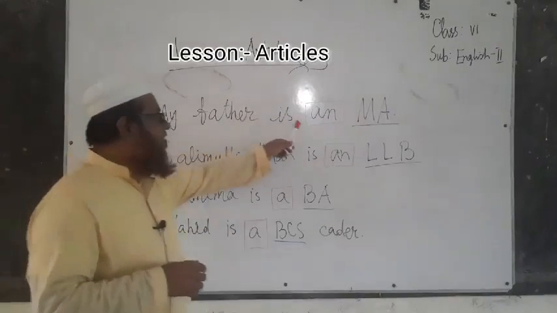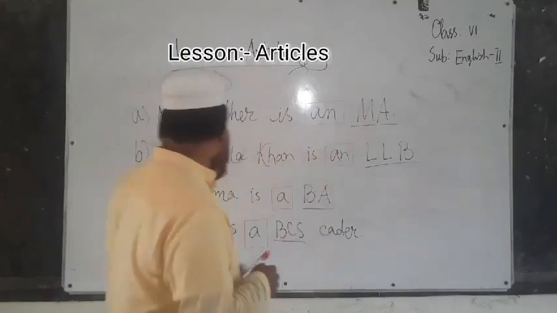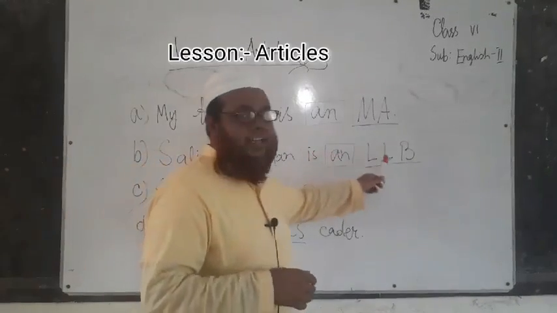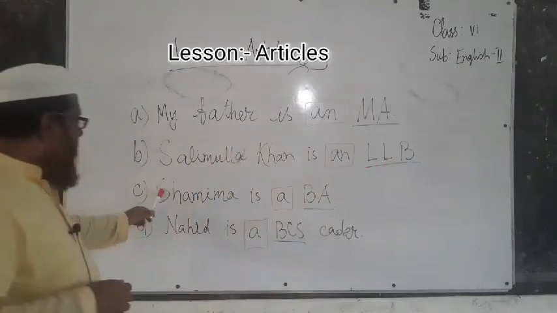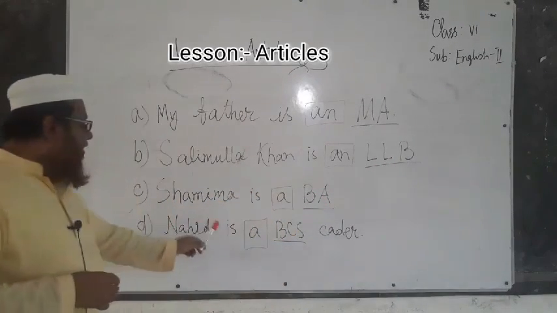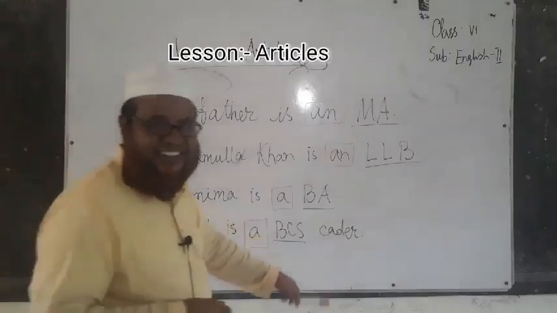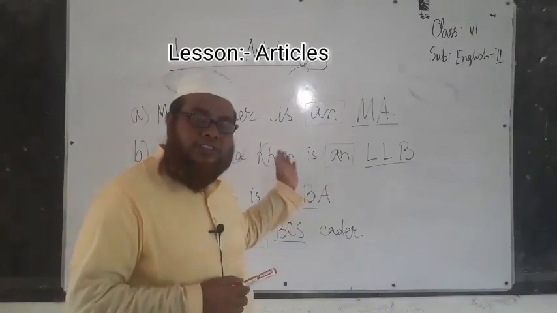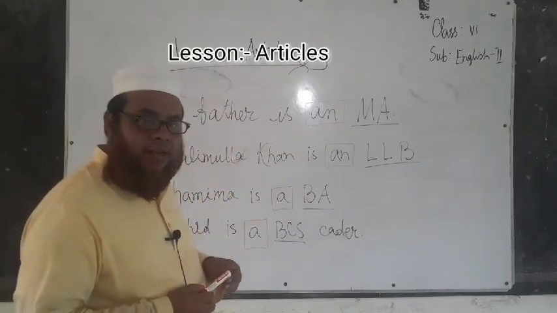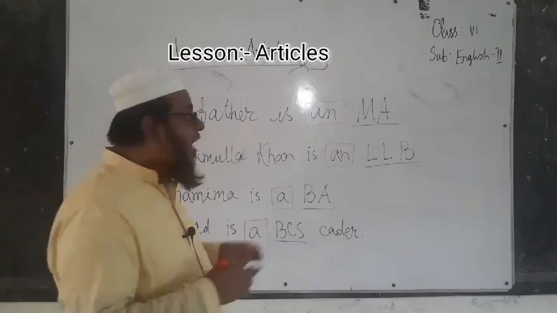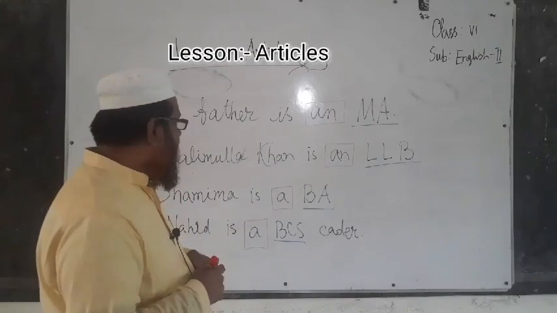Let us read our examples. My father is an MA. Salimullah Khan is an LLB. Shamima is a BA. Nahid is a BCS. Notice the examples keenly. It will help you to learn these rules.